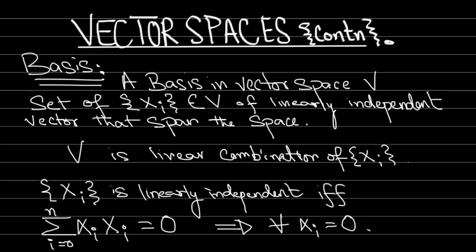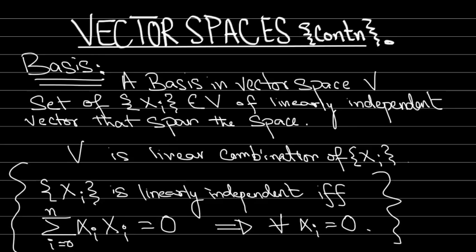This is how we define a linearly independent set of vectors. Note that we have not yet required a spanning of the space.